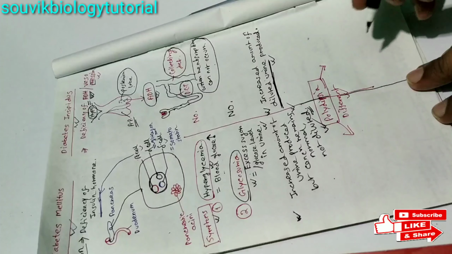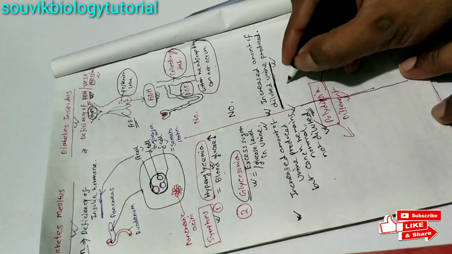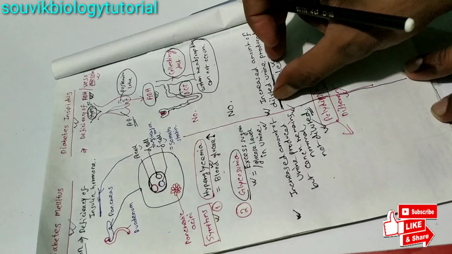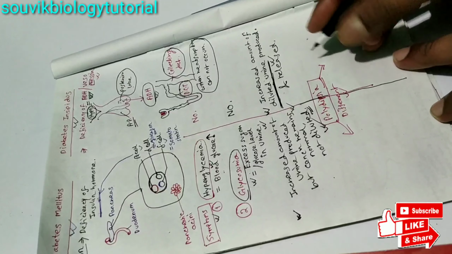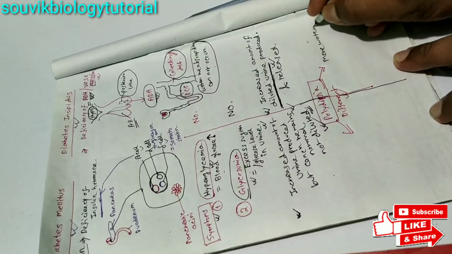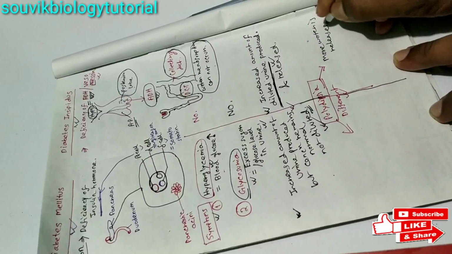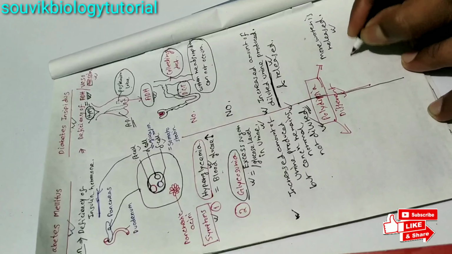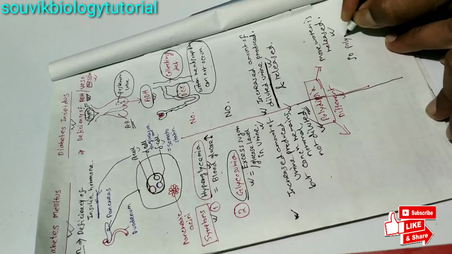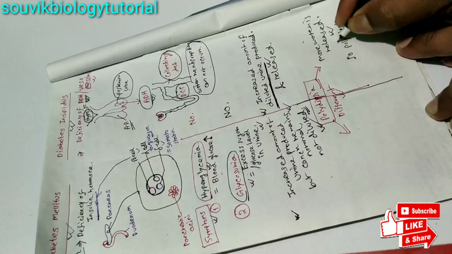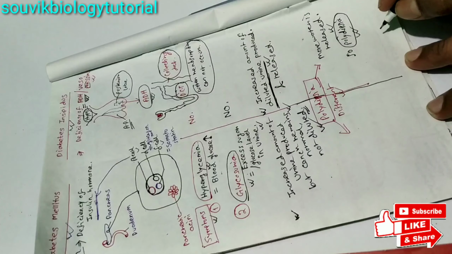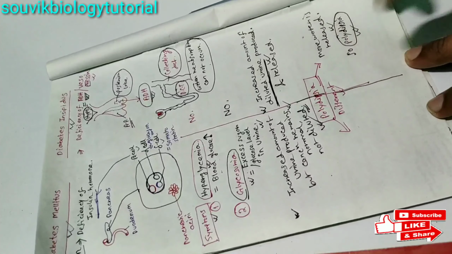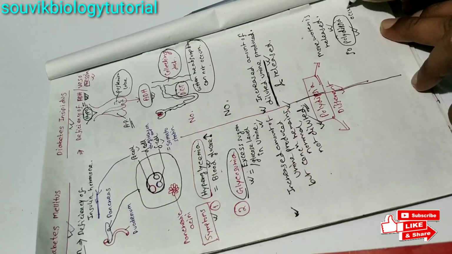In diabetes insipidus, diluted urine is produced and released. If more diluted urine is released, that means more water is released. So polydipsia results. Okay? More water or more fluid is released in case of diabetes insipidus, so polydipsia occurs.